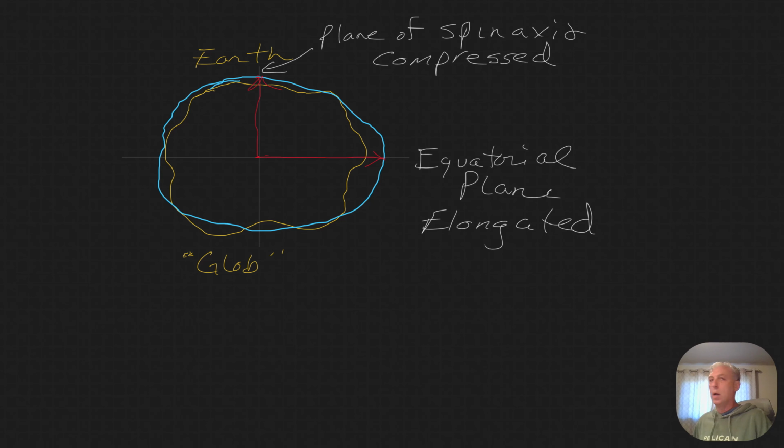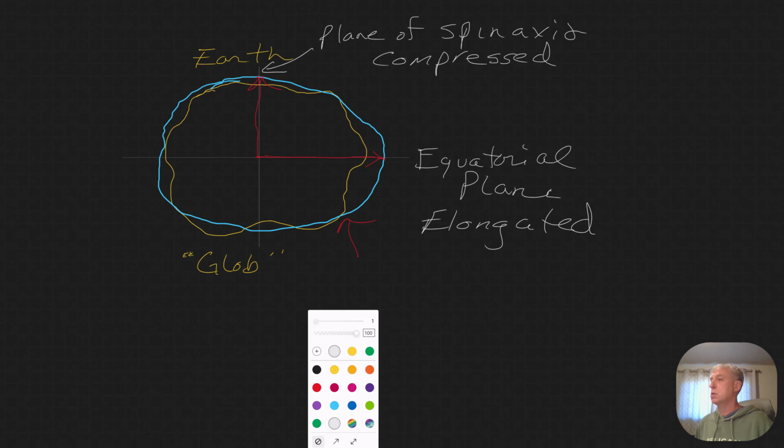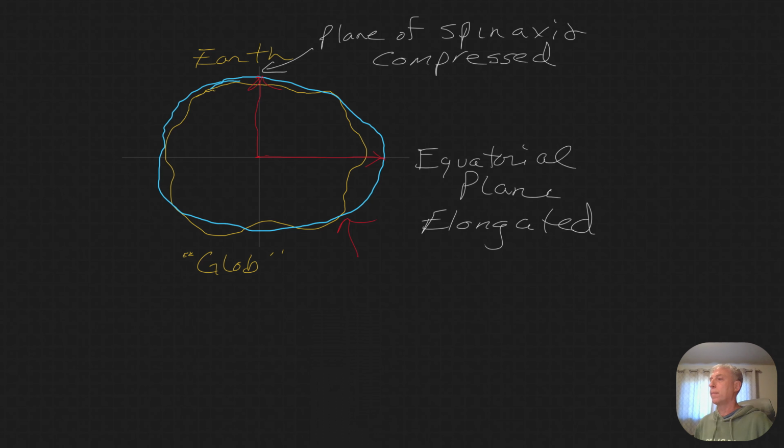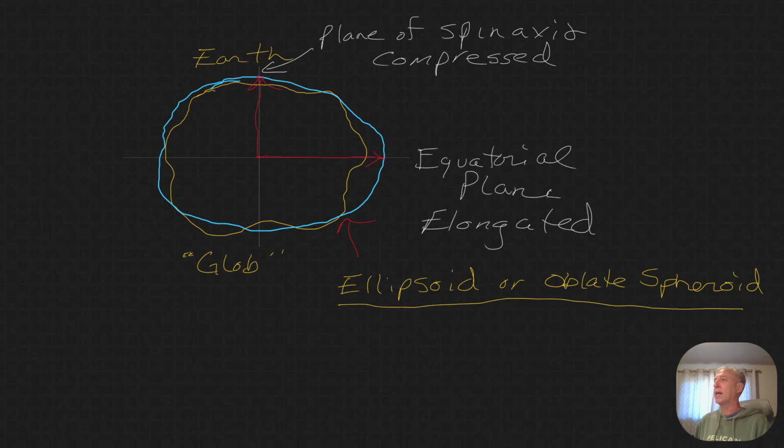So that uniform mathematical model that we use for our derivations and calculations, that's what we call the ellipsoid. And you'll often hear it referred to as an oblate spheroid. Essentially the same thing, at least in terms of how we're going to use the ellipsoid. So ellipsoid or oblate spheroid.